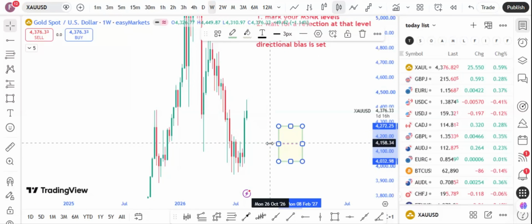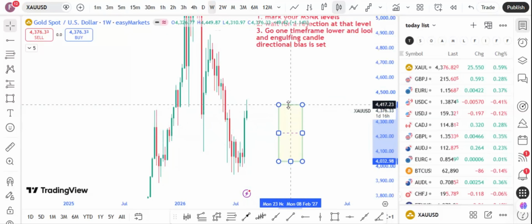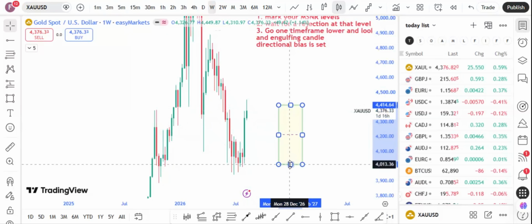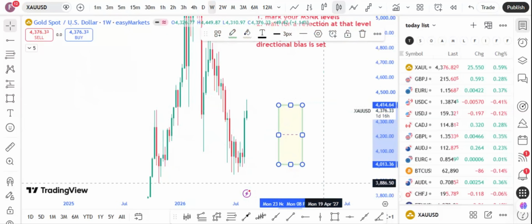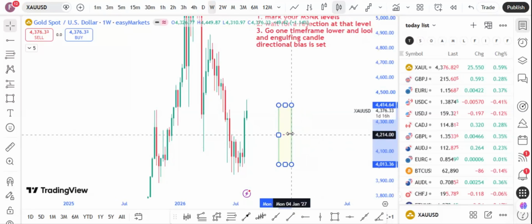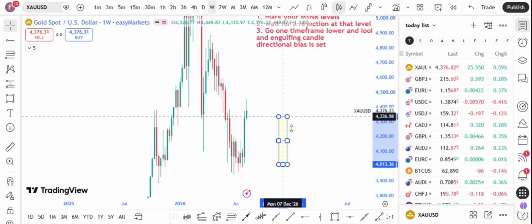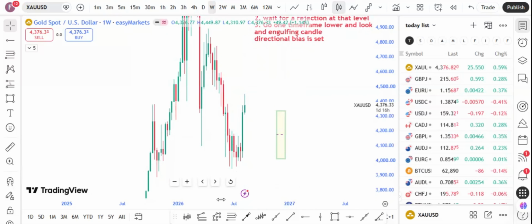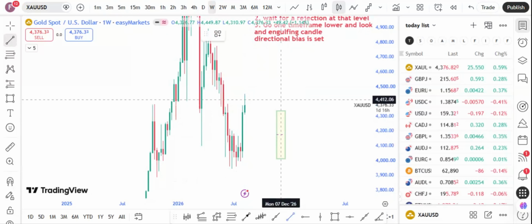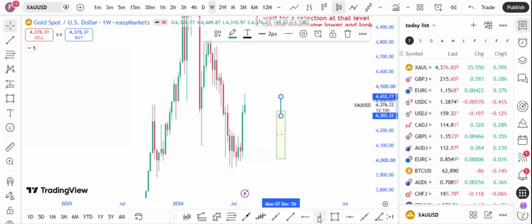There are different engulfing candles, and only those who are engulfing traders would understand it. So let me explain it briefly.